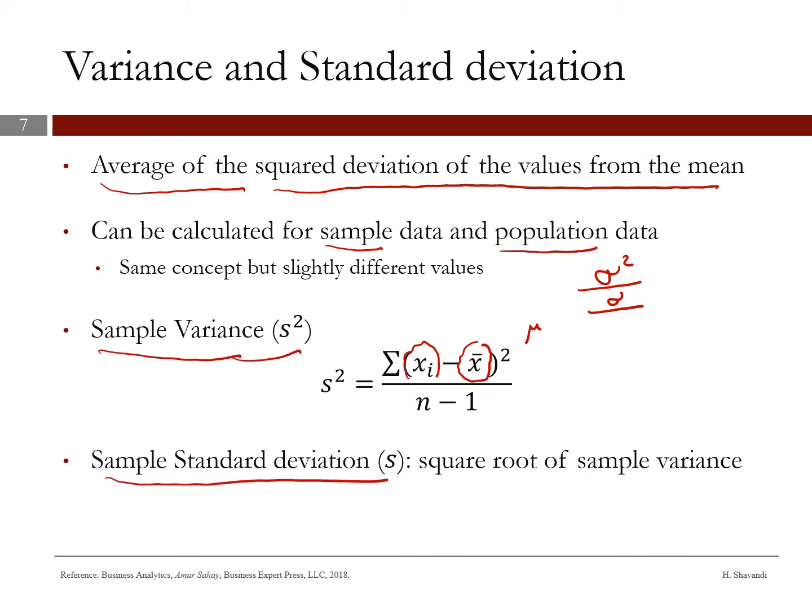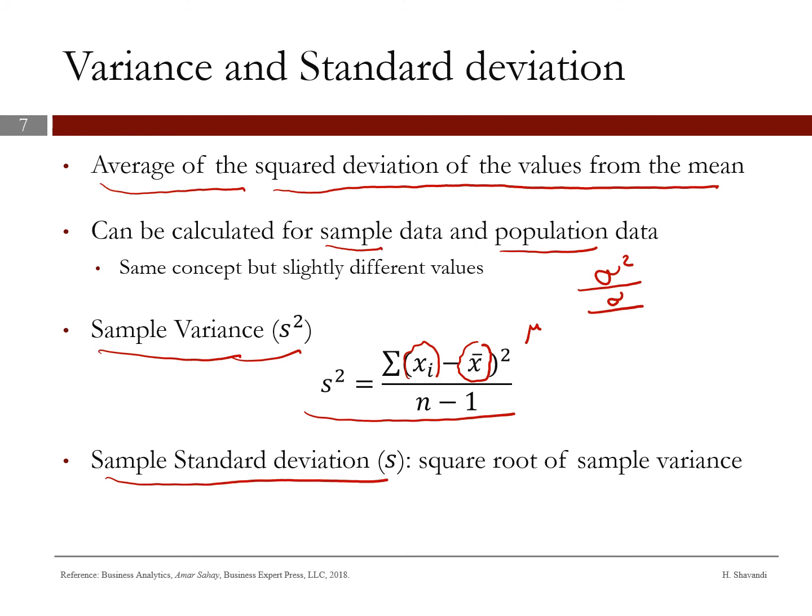So here the definitions are exactly the same, but we have slightly different values. For the sample variance, as you see here, we consider x bar as the average or mean for the sample data, and then we take xi minus x bar as the deviation, and then square those differences, and then we take the average.